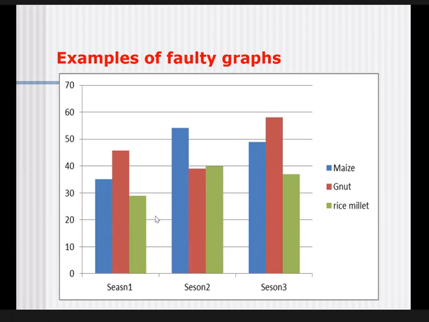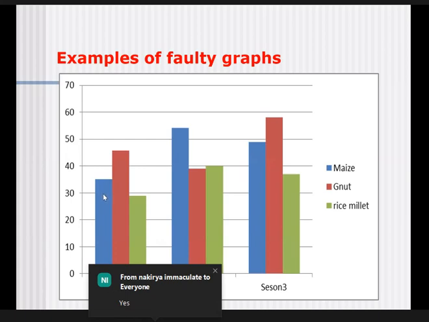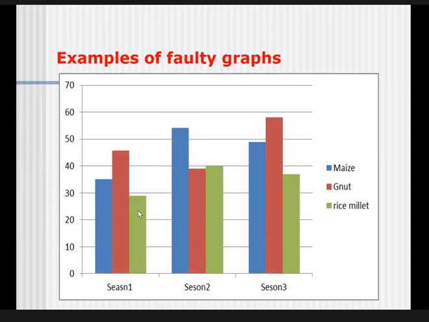Okay. So you need to arrange your data such that the maroon bar appears first, followed by the blue bar, and lastly the green bar, in that order. We are starting with the tallest, then the second tallest, and the shortest, in that order for season 1.